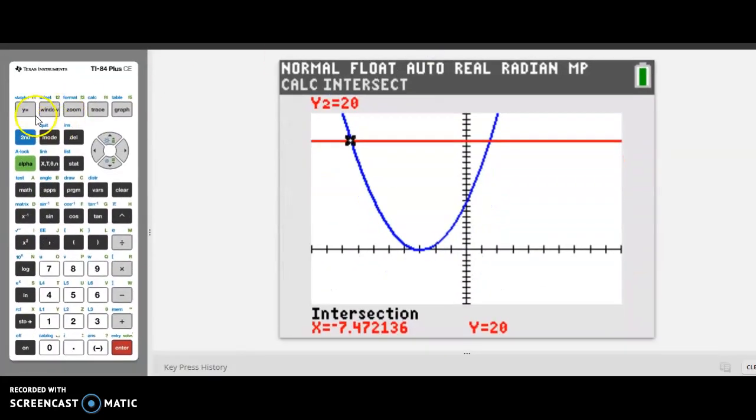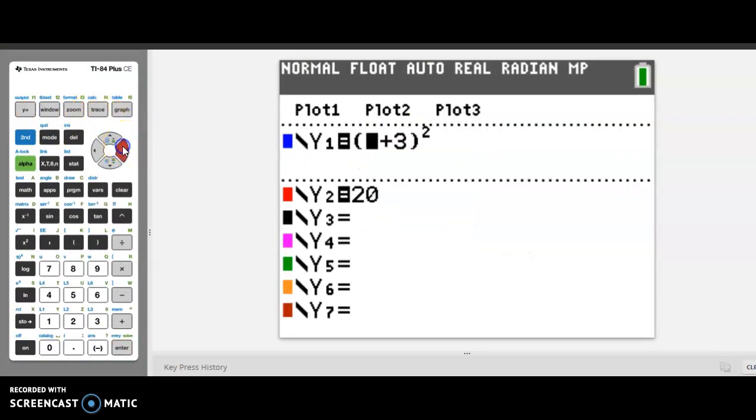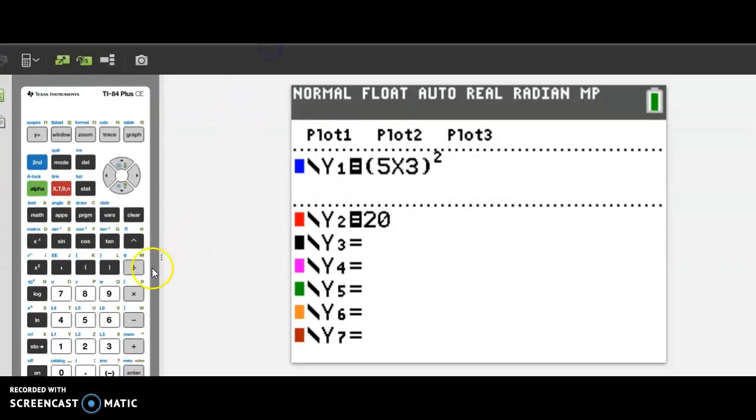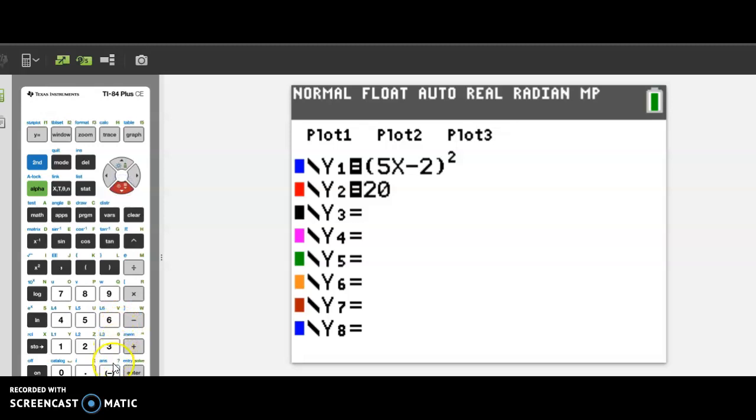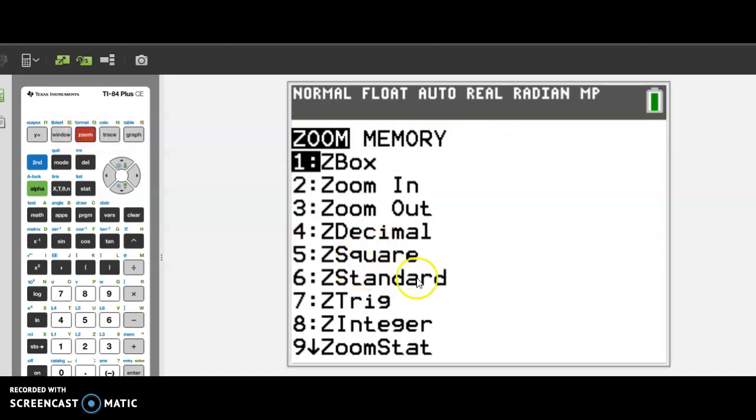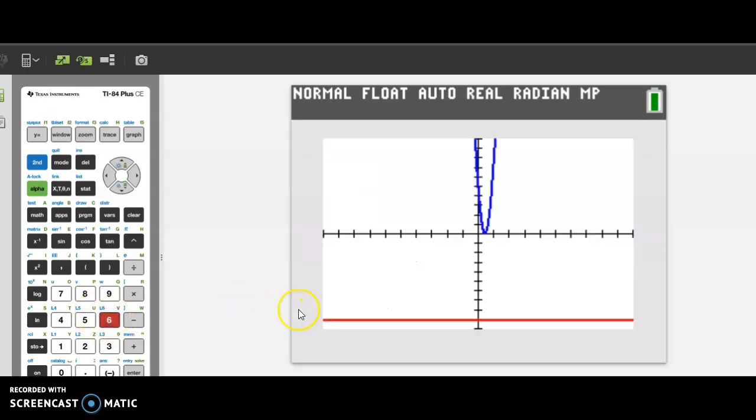So I'm going to go back to my equation. It was 5x minus 2 squared, and then the other answer was negative 9. So if you were to think about this kind of intelligently, and well, I'll just hit zoom 6 to go back to my standard window. That's what that's for.